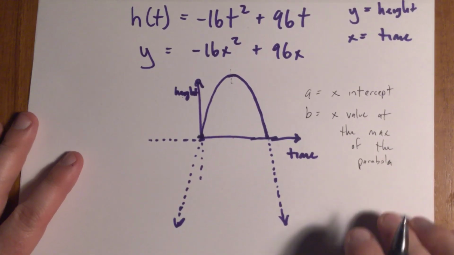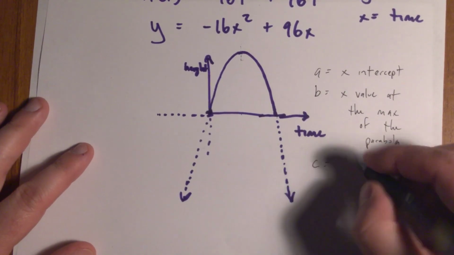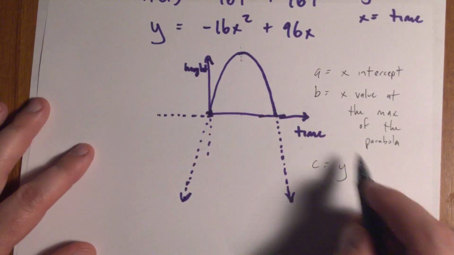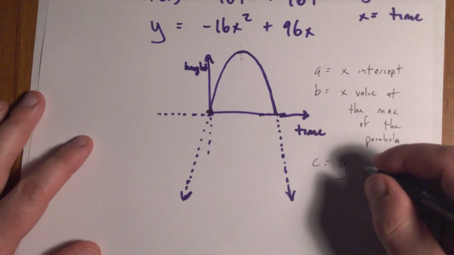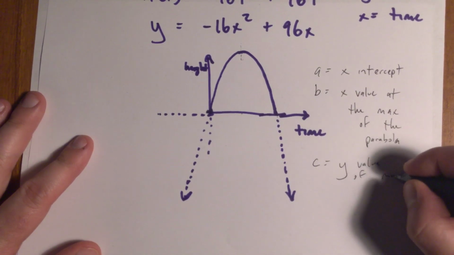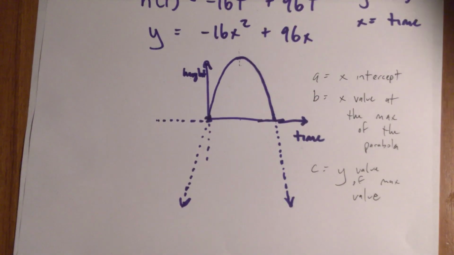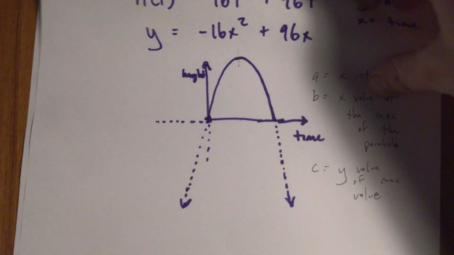That makes sense, right? And then for C, what's the maximum height of the soccer ball? They're looking for the y value, since height is measured by the y values. What's the y value of the max? Once again, this is a perfect calculator question. We'll come back to that in a second.